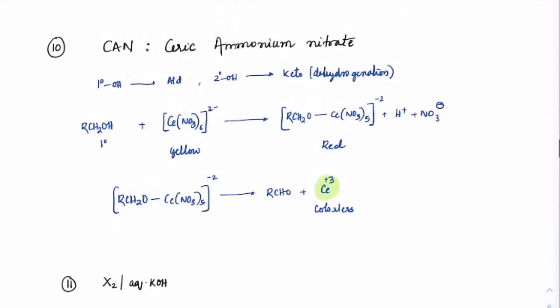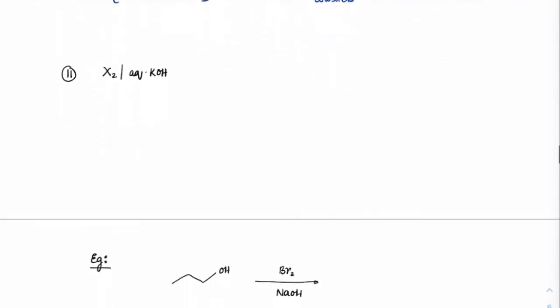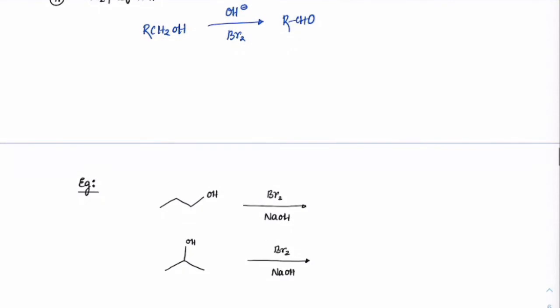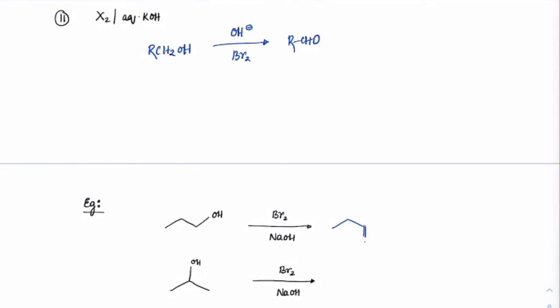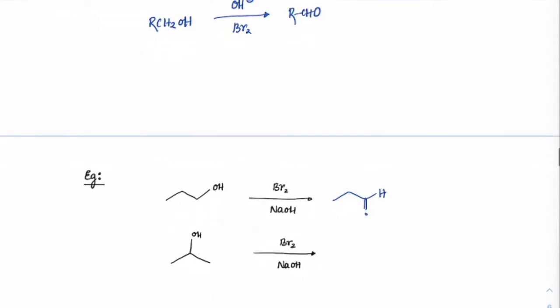The other oxidation reaction which we have seen is with X2 and aqueous KOH. If you take primary alcohols RCH2OH and react that with OH minus and Br2, we'll get RCHO. As simple examples, wherever there is alcohol, you will get aldehyde formation first.